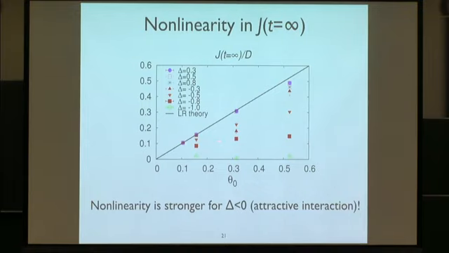Of course, for a really infinitesimal pulse, I expect they converge to linear response theory, and even in this plot there is some tendency to recover, to converge to linear response theory, but only for very weak pulses. For a finite amplitude pulse there is a rather strong deviation. So the conclusion is that the nonlinearity is not symmetric: although the Drude weight is symmetric, the nonlinearity is stronger for, this should read, repulsive interaction.